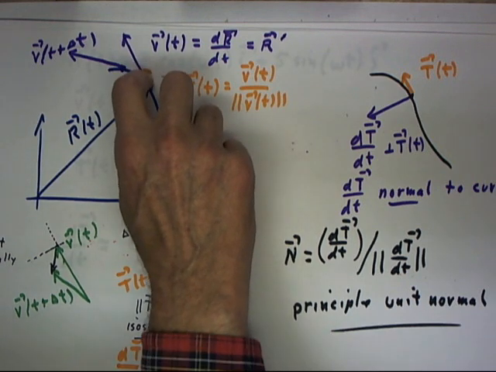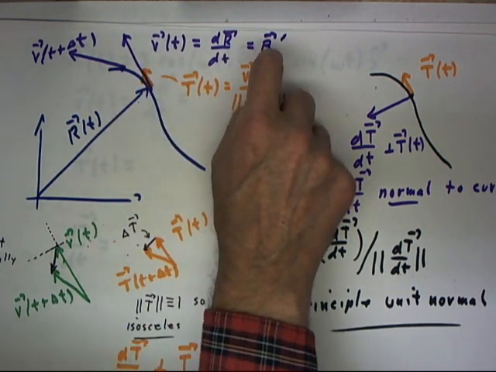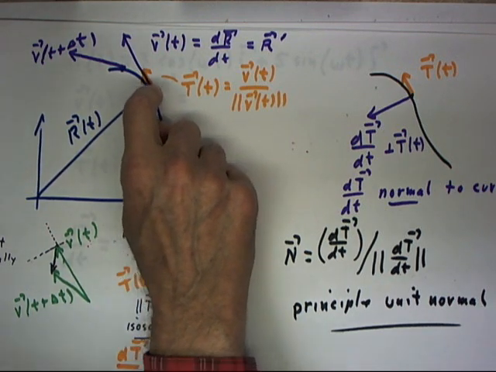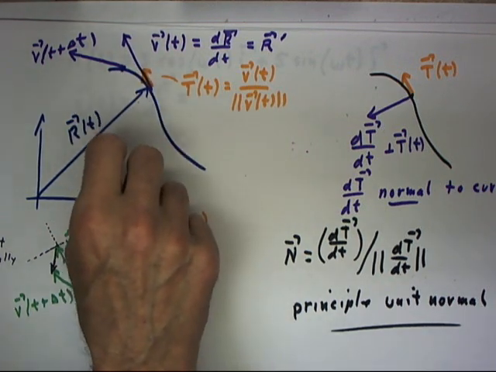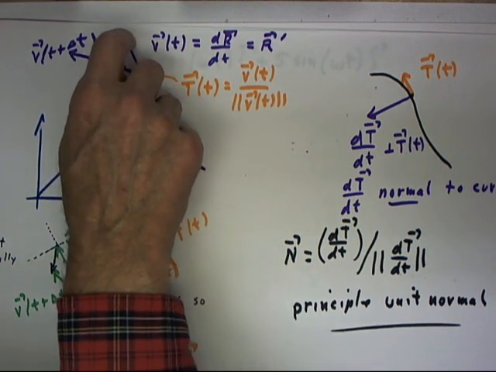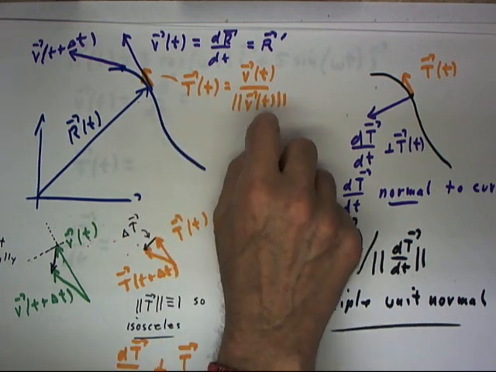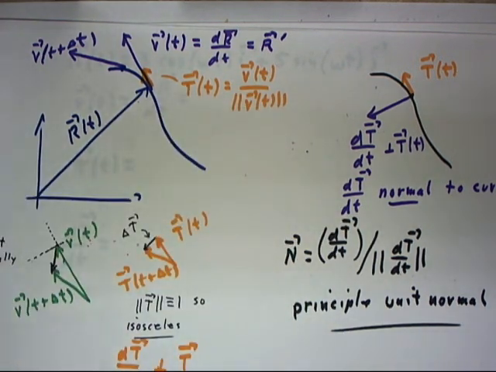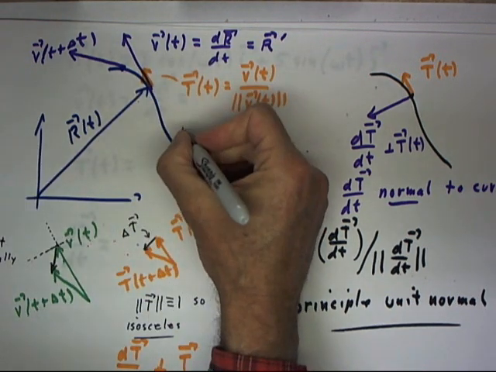The direction of that r prime vector, interpreted as a velocity vector, can be indicated by a unit vector. To get this unit vector, all we have to do is divide the velocity vector by its magnitude, and that should be a familiar operation, and we call that the unit tangent vector.